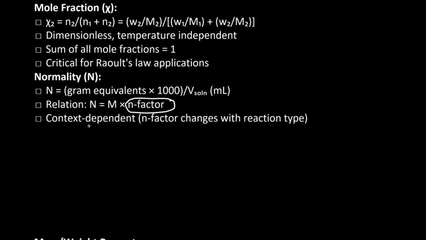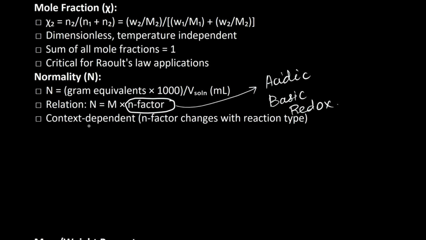N factor is very simple. If they have given an acidic compound or a molecule, n factor will be the number of hydrogens it can donate. Or if they have given you a basic one, then the number of OH minus it can donate, or if that is in a redox reaction, the number of electrons, as simple as that.